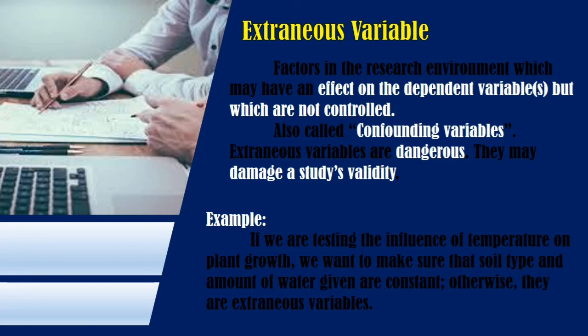Example, if you are testing the influence of temperature on plant growth, we want to make sure that soil type and amount of water that is given are constant. Otherwise, they are extraneous variables.